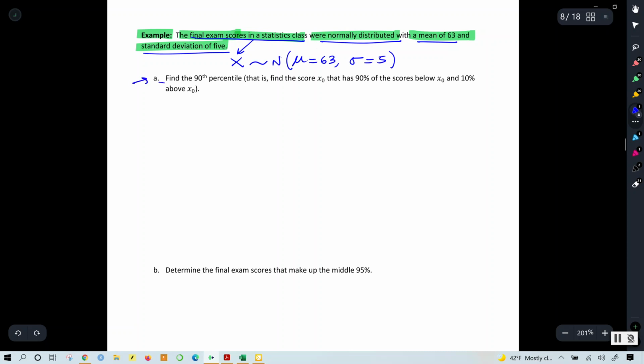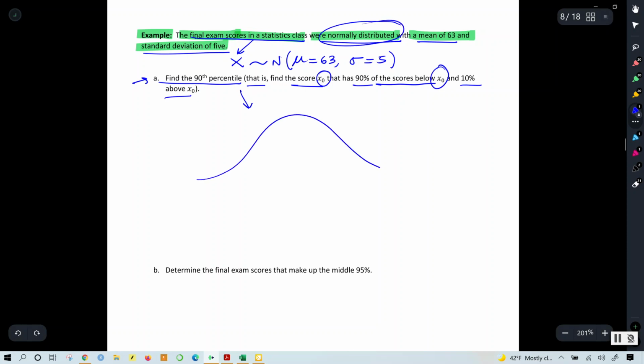Question A, find the 90th percentile. What does that mean? That is the score, X0, such that 90% of all exam scores are below this unknown number and 10% are above it. If you're a visual learner, here we go. We're dealing with a normal distribution, so I'll sketch the normal distribution. I'm going to note that the values of X, the final exam scores, are on the horizontal axis.